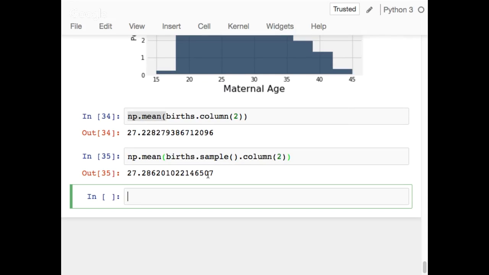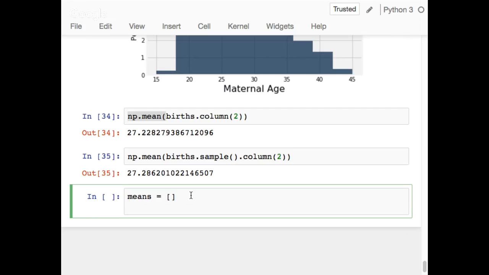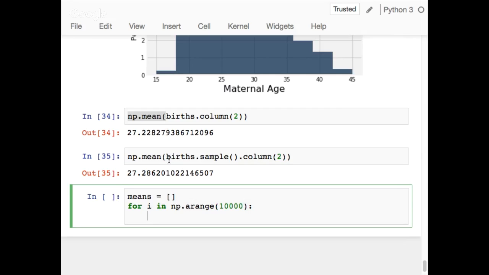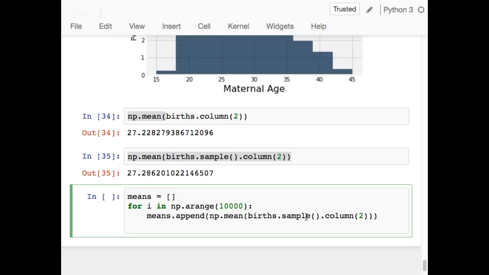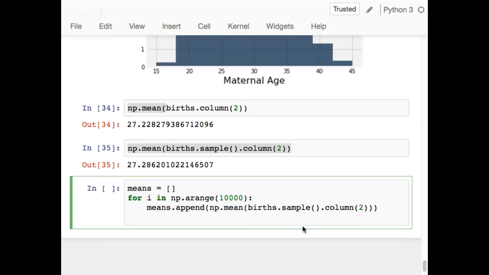But if I take a bunch of samples, take the means, and then plot the means, you'll see this. So grab my means for i, and let's do 10,000 repetitions. Let me just grab this means.append, put that in there. So I'm grabbing a bunch of means. And let's take those means.